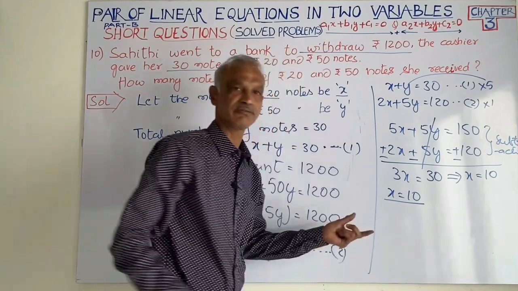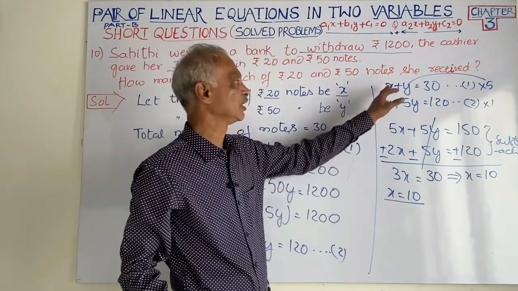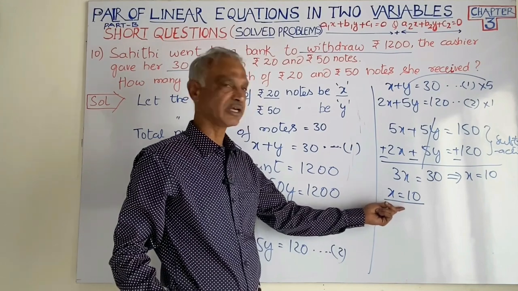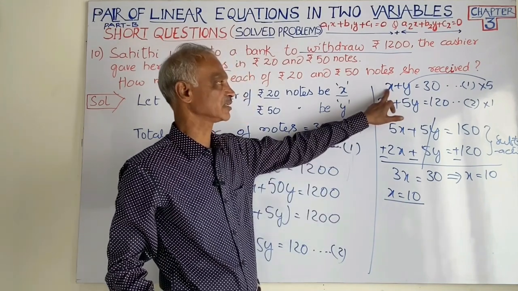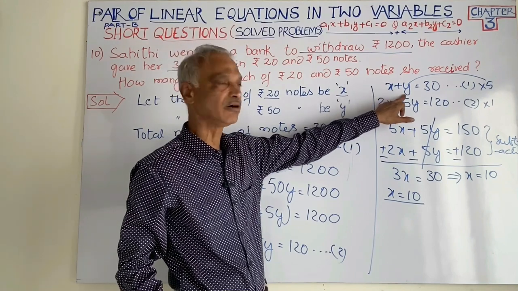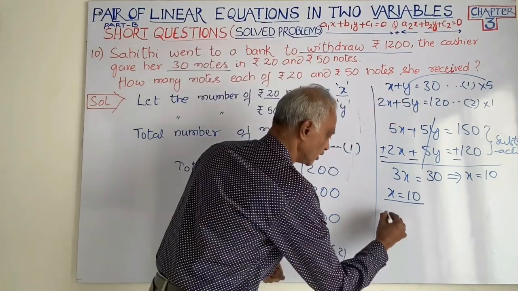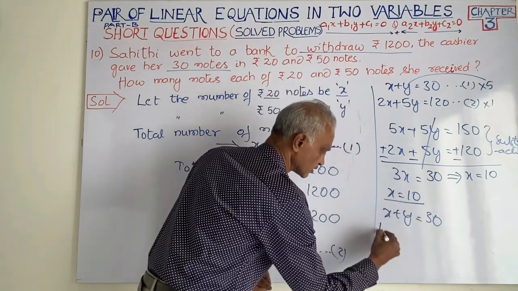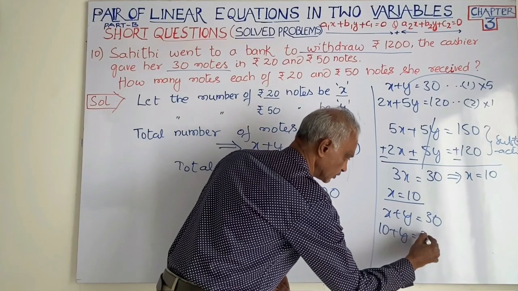Substitute the value of x in place of x in x plus y is equal to 30. You substitute x is equal to 10, and you will get the value of y. Now x plus y is equal to 30, and x is 10, so 10 plus y is equal to 30.